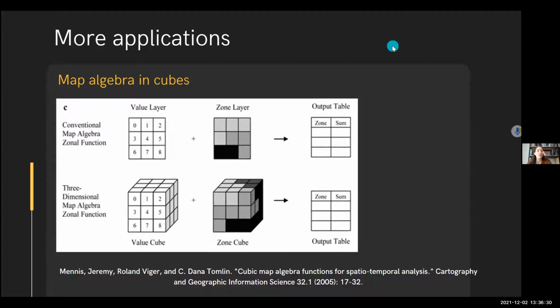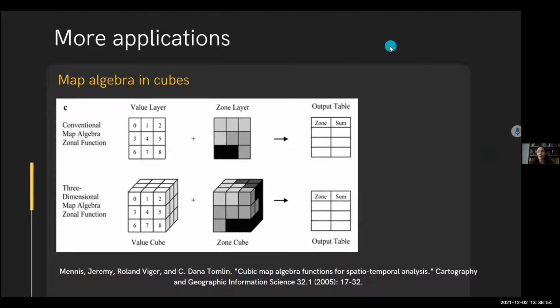Well, more applications that are not from my direct work. For instance, maybe you remember that when we have a raster layer, we perform map algebra. So basically we add different regions of that raster layer.